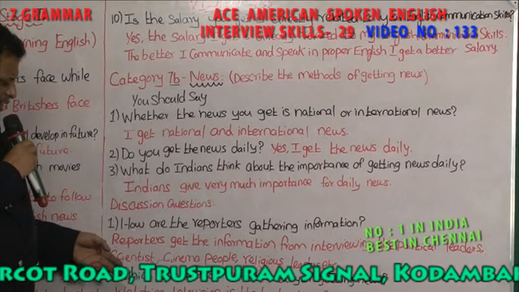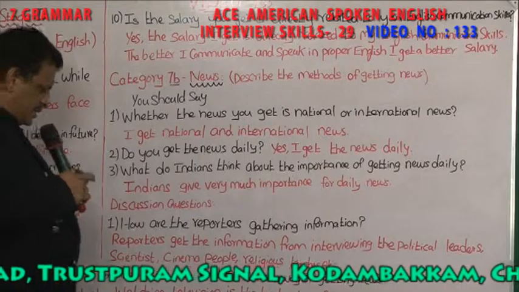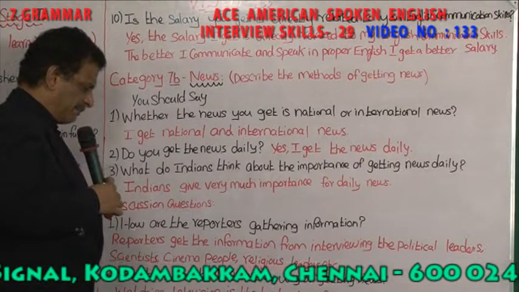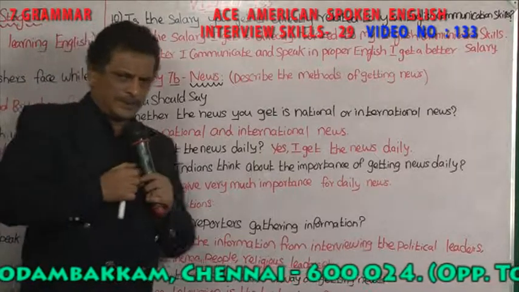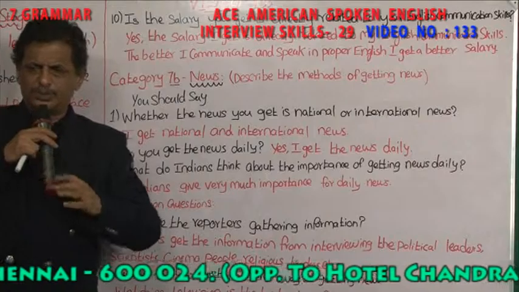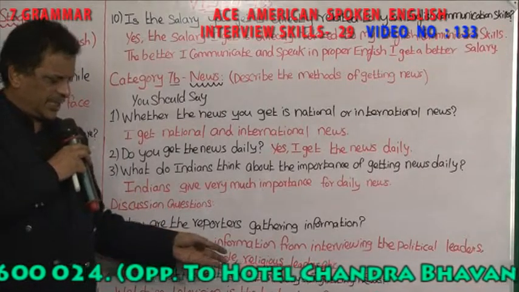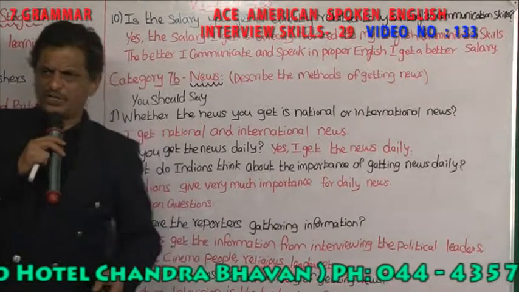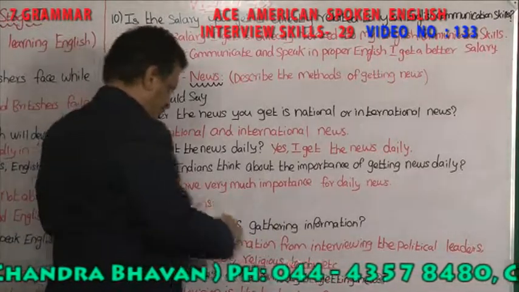Reporters also get information from scientists, from cinema people, glamorous things which people love to hear, even gossip and grapevine, and from religious leaders also they like to gather information, right?